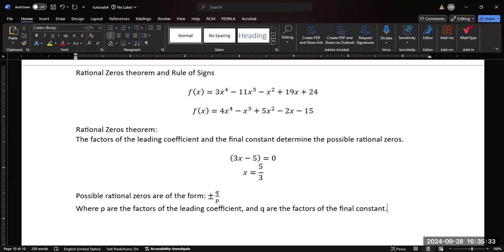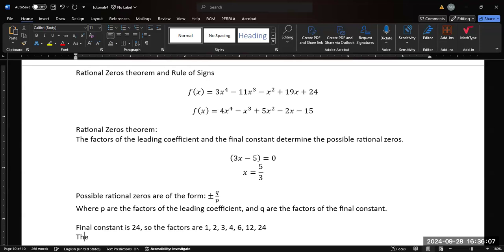All right, so let's look at our first example. The final constant is 24. And so the possible factors, the plus and minus, we're going to leave in the expression. So the possible factors of 24 for that final constant are 1, 2, 3, 4, 6, 12, and 24.